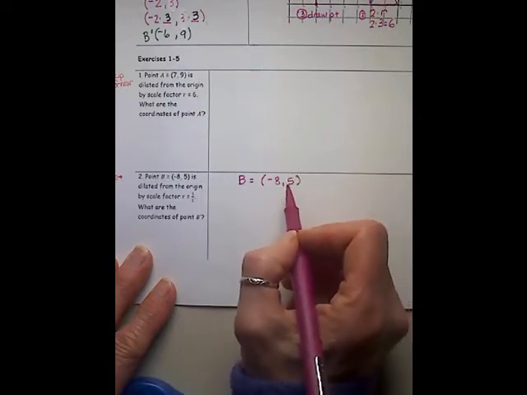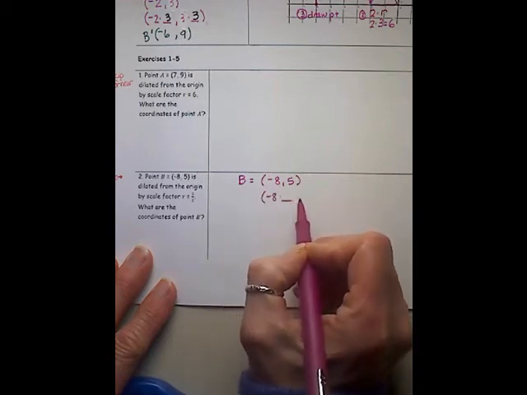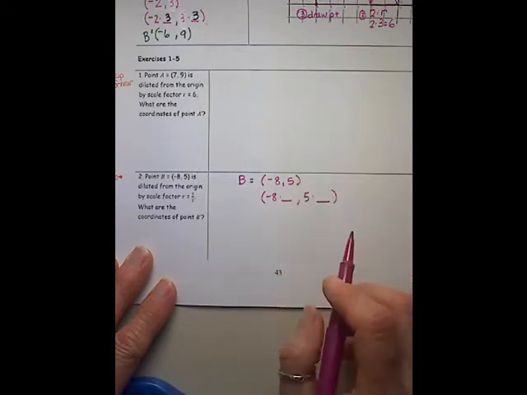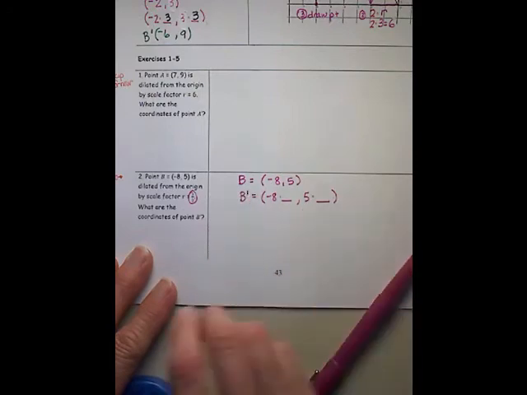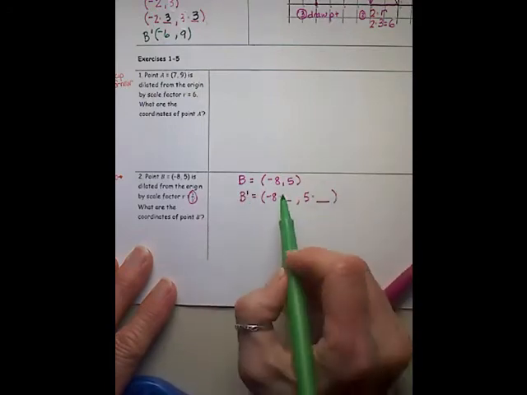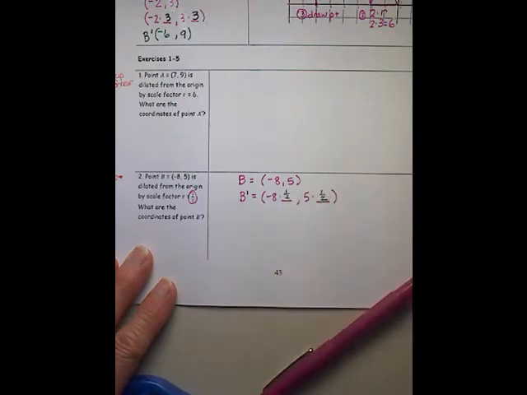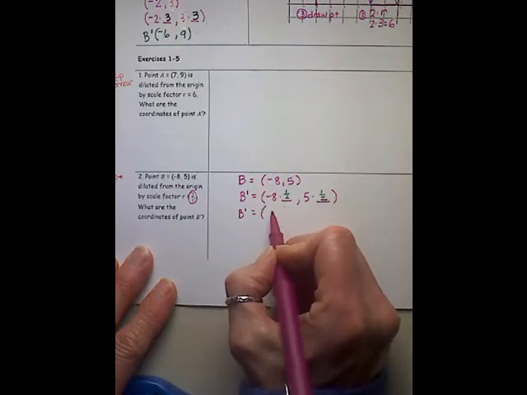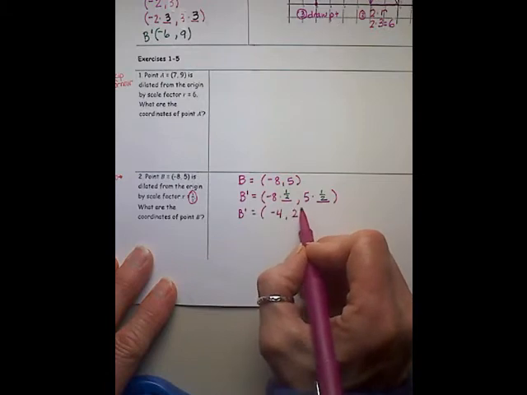And we've learned that you take the original point and multiply each coordinate by the scale factor. And here our scale factor is 1/2. So B prime is equal to negative 8 times 1/2 and 5 times 1/2. So our coordinates for B prime are negative 4, and 5 times half is 2.5.